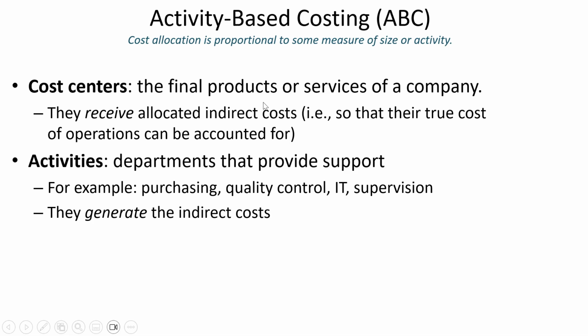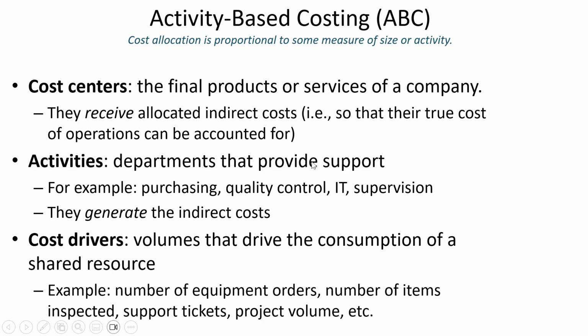So the activities are the indirect cost processes that are causing the indirect costs. We've talked about these a lot already: the supervising that gets done, the IT services that are provided to different subdivisions within an organization. And the cost drivers are the level of activity that drives the consumption of a shared resource.